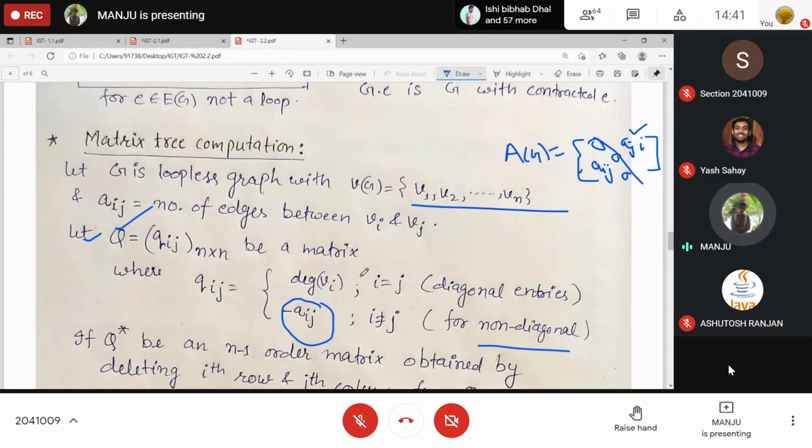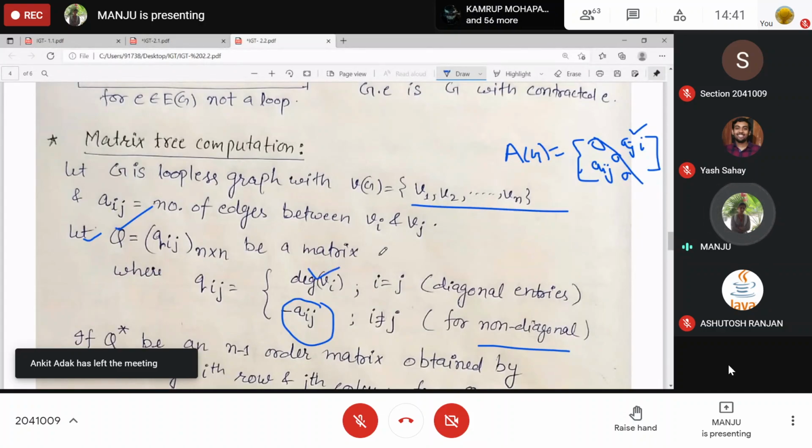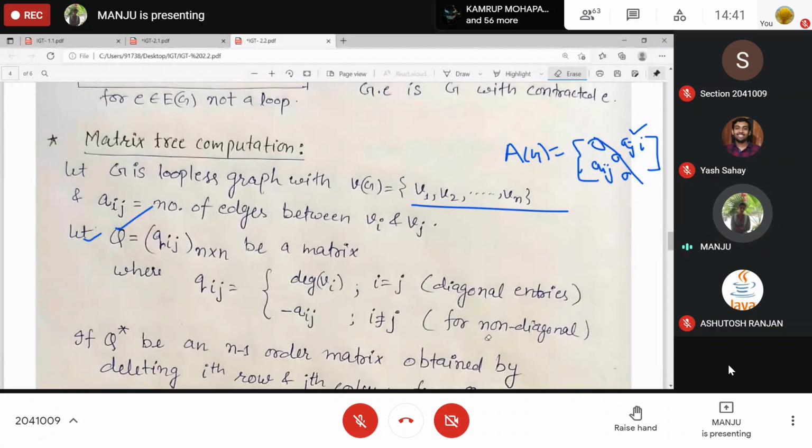And at the diagonal entries you just write the degree of Vi. At Q11 the degree of V1, at Q22 the degree of V2, and so on up to Qnn, the degree of Vn.